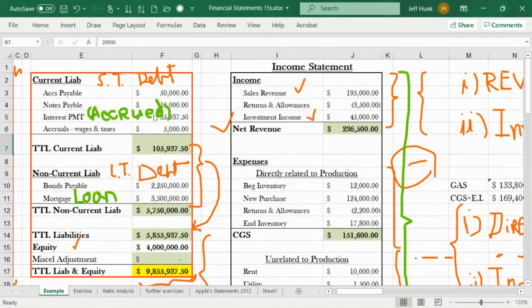Accrued wages, this I explained already in the main lecture. Think about it. Why is there a line item called accrued wages? If you think about it, the paychecks are not paid when the labor is delivered, right?